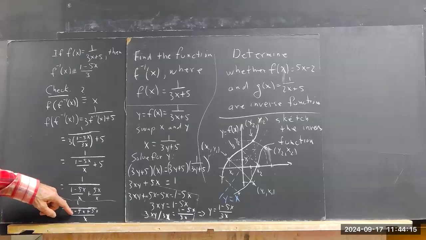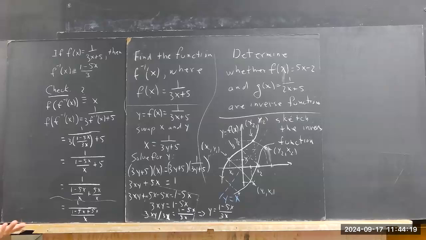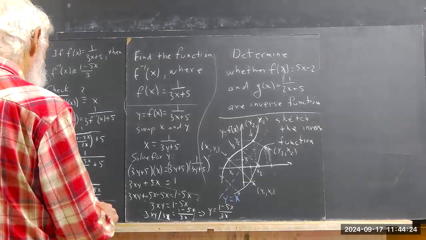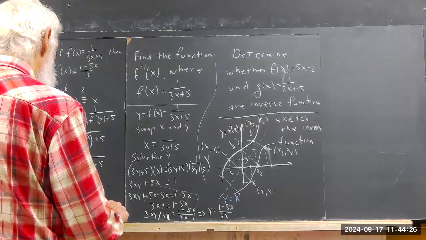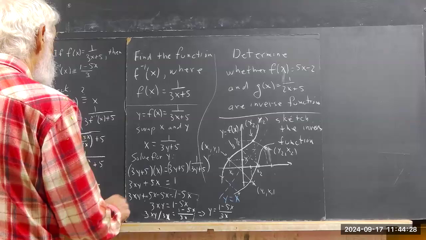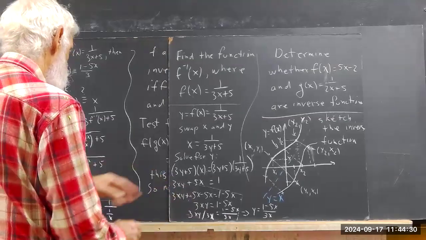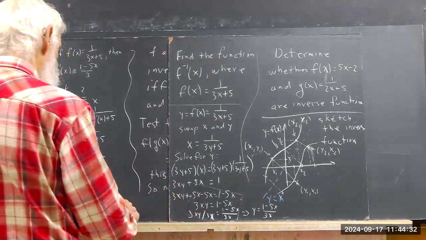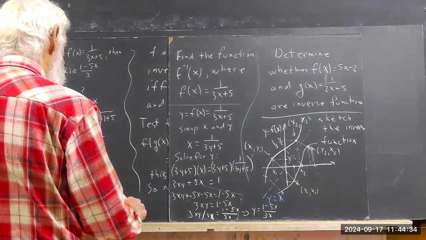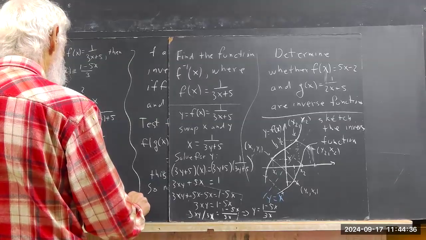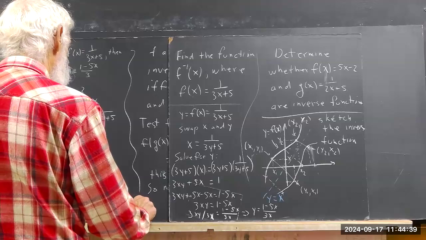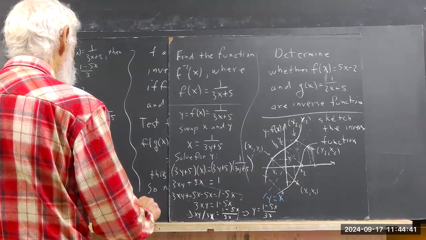Well, 1 minus 5x plus 5x is just 1. So this is 1 divided by 1 over x. Which is 1 times x over 1, which is just equal to x.